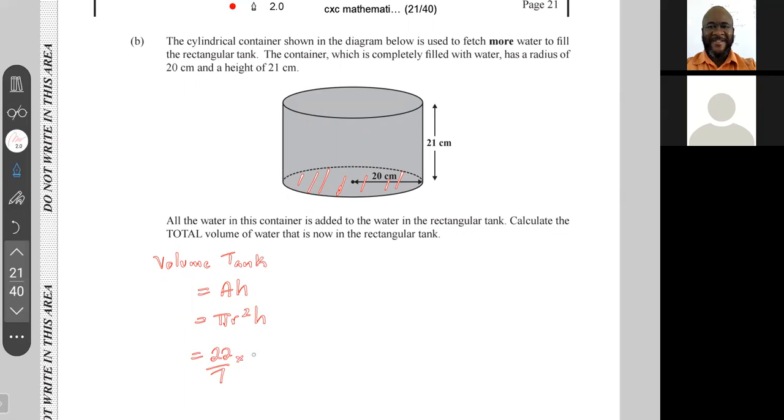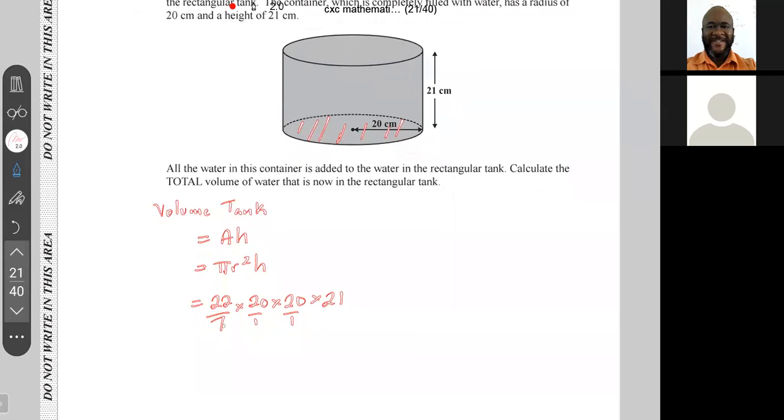This is 22/7 times 21. Sorry, not 21, it's 20, times 20 times 20 times the height, which is 21. It's pi r square h. 7 into 21 is 3.